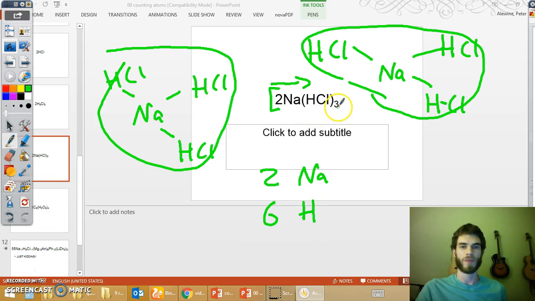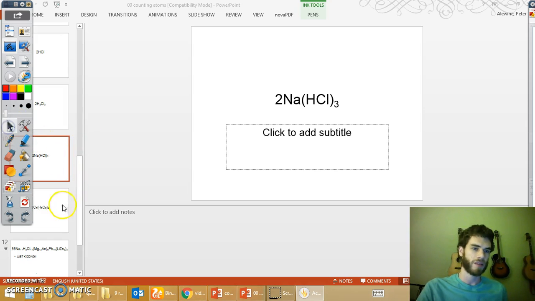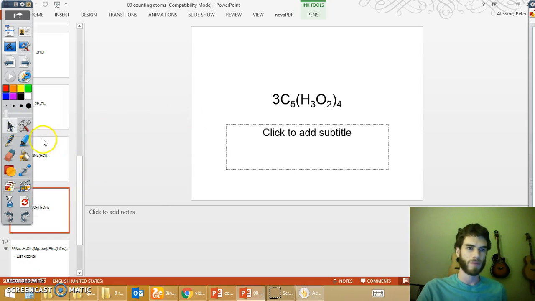Now, there would ordinarily be 3 chlorines, but since the big 2 hits everything throughout the molecule, there's 2 times 3, which is 6 chlorines. And going back to what this is really saying chemically, this makes sense: 1, 2 sodiums, 1, 2, 3, 4, 5, 6 hydrogens, 1, 2, 3, 4, 5, 6 chlorines. So it's really just a matter of multiplying everything together.